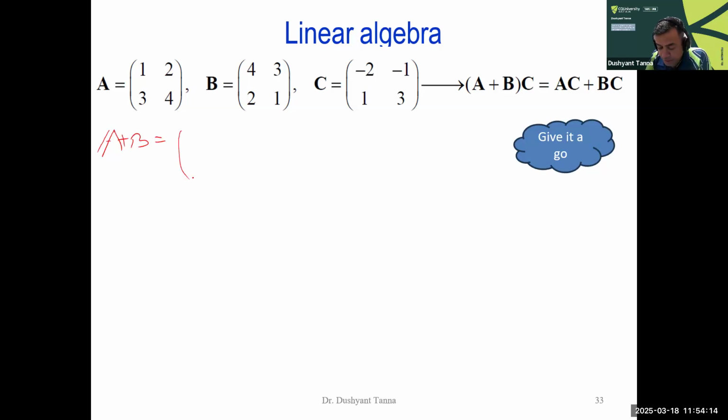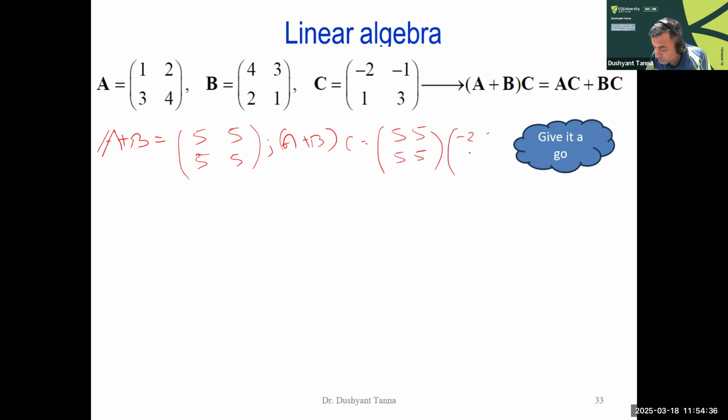Okay, so as I mentioned, first step is obtaining A plus B, right? It is a pointwise addition. So 1 plus 4 is 5, 2 plus 3 is 5, 3 plus 2 is 5, and 4 plus 1 is 5. Now we'll do A plus B multiplied with C. 5, 5, 5, 5 multiplied with C, minus 2, minus 1, 1 and 3.